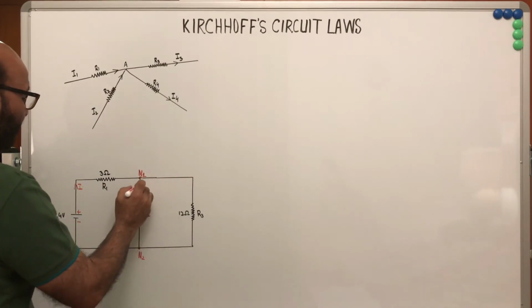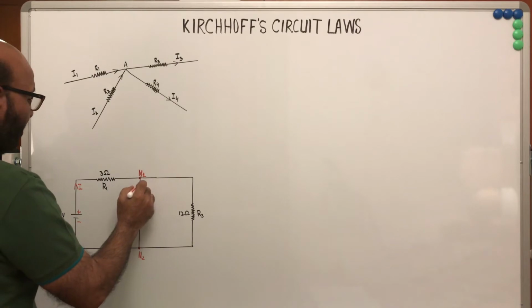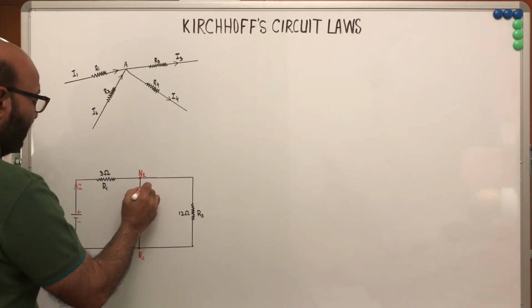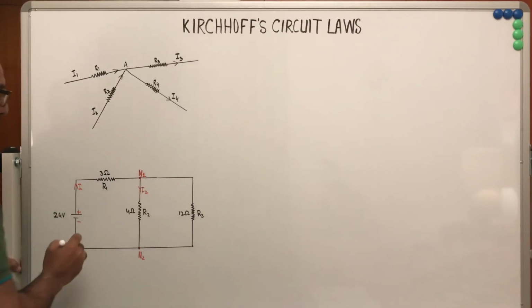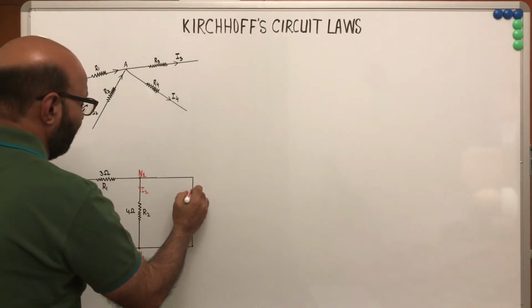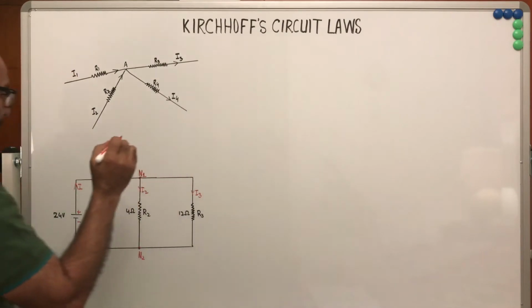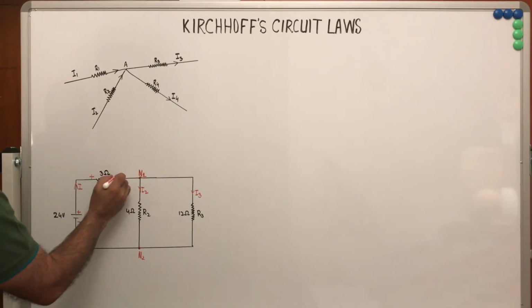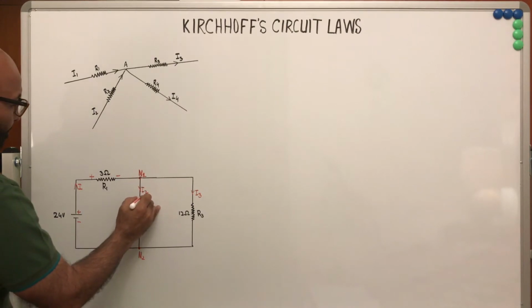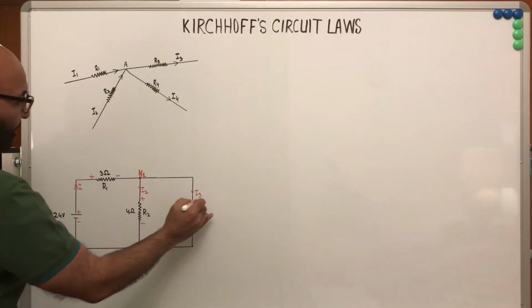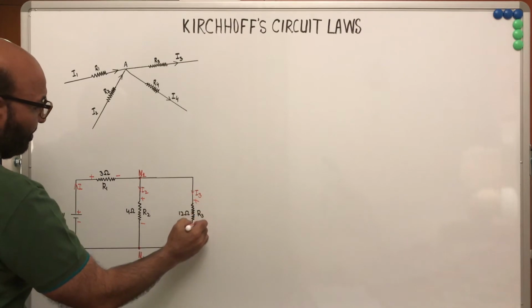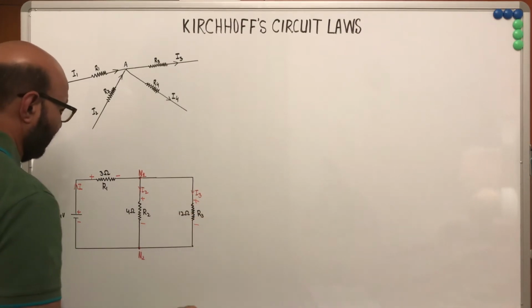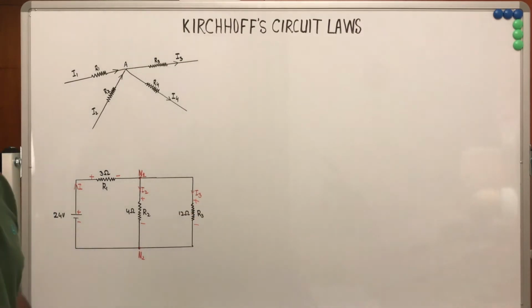Let's assume the current flowing in this direction is I2 and the current flowing in this direction is I3. This is the positive end, this is the negative end. Again, this is positive, this is negative, this one positive and this one negative. So we have done the second step.